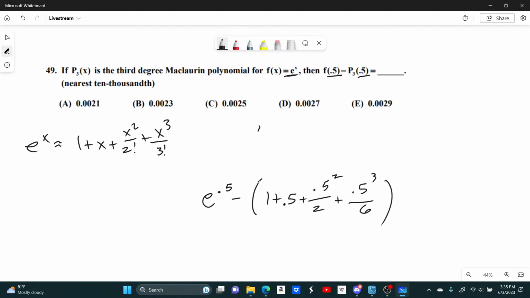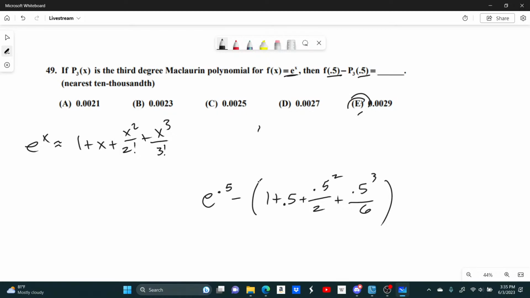And it might actually surprise you how small this difference is. These Taylor polynomials are really impressive. If I do this, I get 0.0029. Yep. There we go. So hopefully that concept kind of made sense.